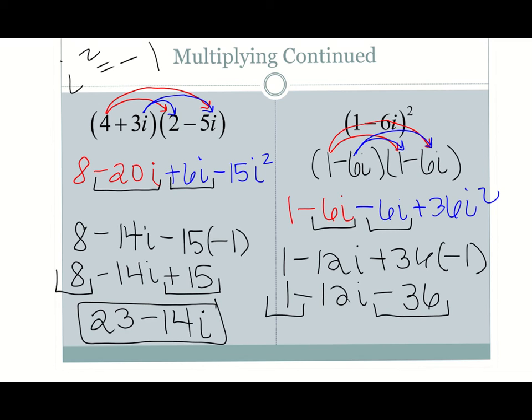So 1 minus 36 gives me a negative 35, and I have minus 12i. So negative 35 minus 12i. So the big thing to remember here is if I have a binomial squared, I have to write it out twice before I distribute.